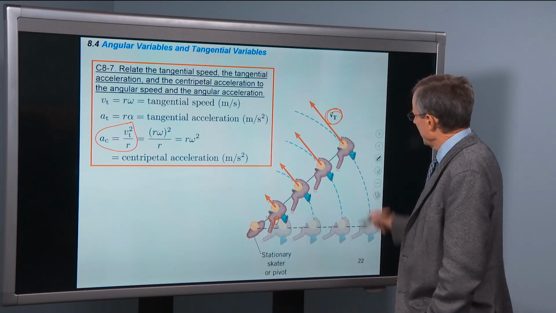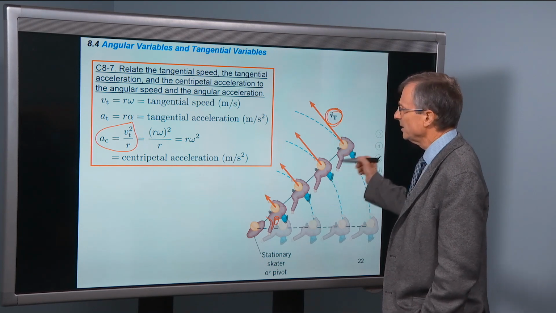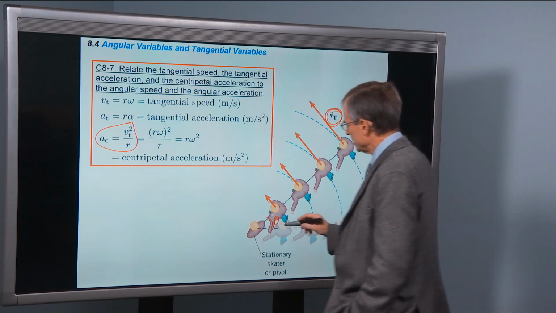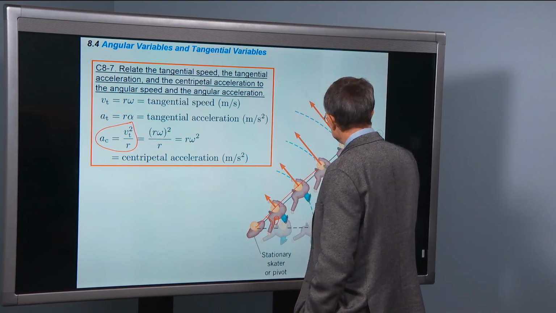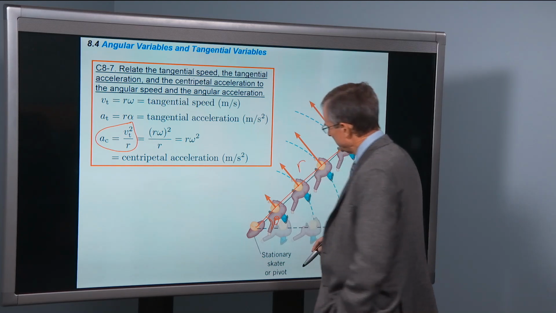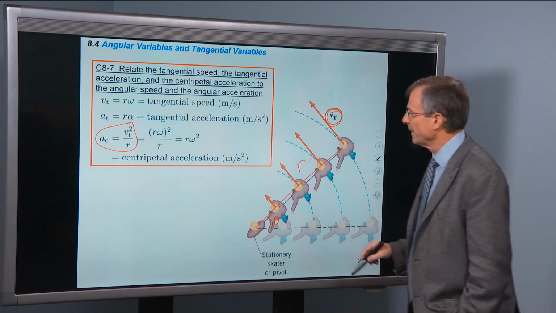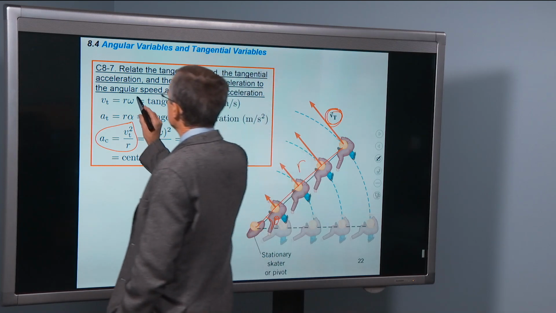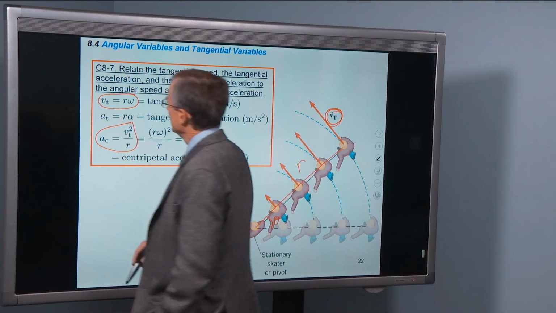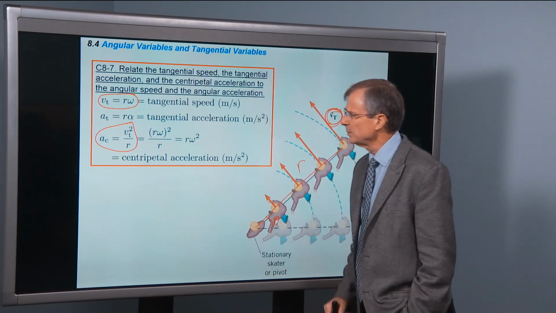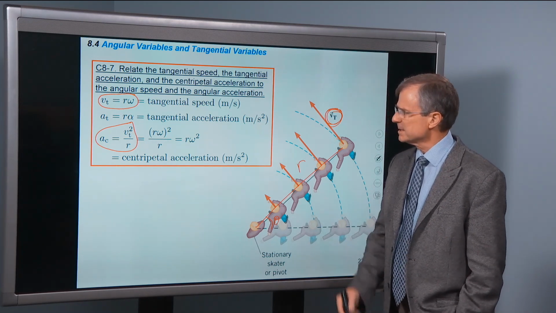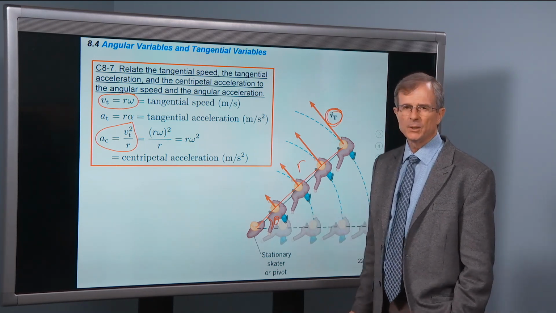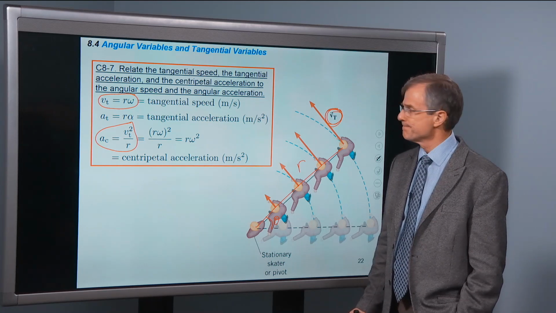So how does this speed depend on the distance from the center? As it turns out, it's directly proportional to the distance from the center of the circle. And the proportionality relationship is this one, that speed is equal to the radius times the angular speed, omega.